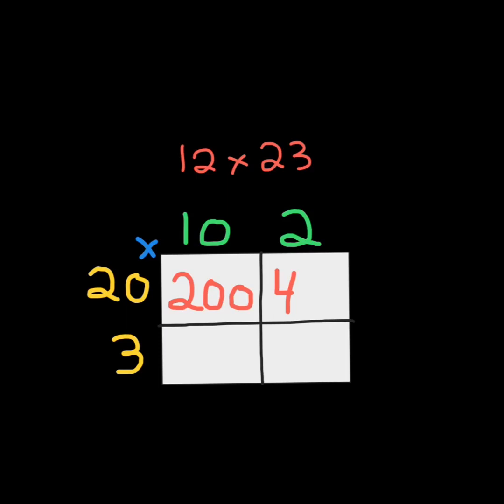And now I have to make sure that I use the 0 in the 20 and add it on to the answer of 2 times 2, because I'm actually doing 2 times 20, or 20 times 2, which is 40. Now I'm going to move down to this box right here.